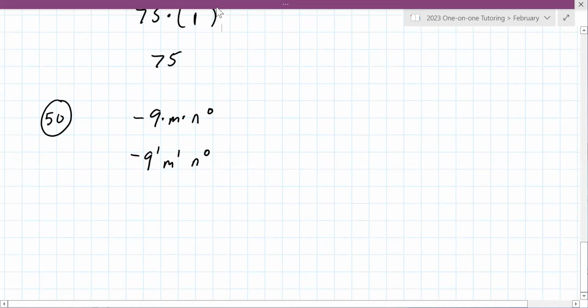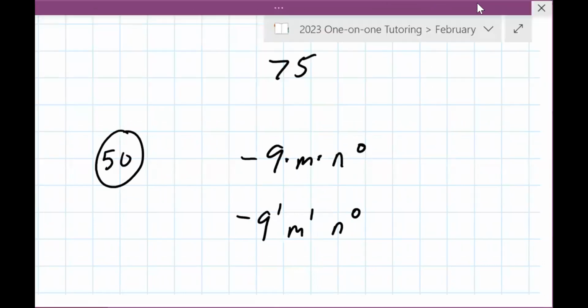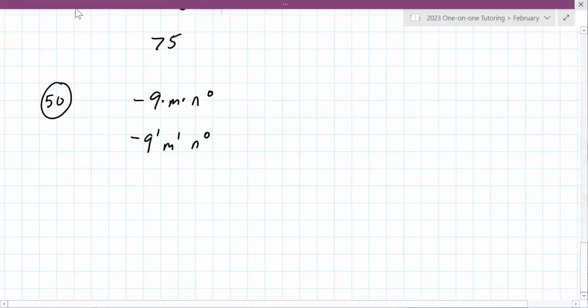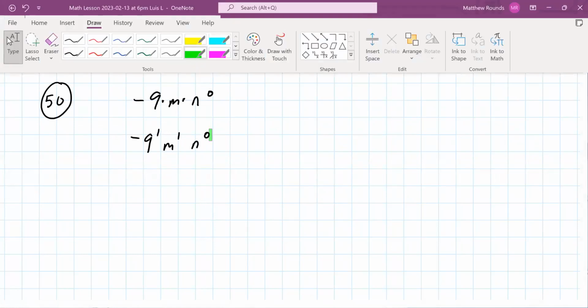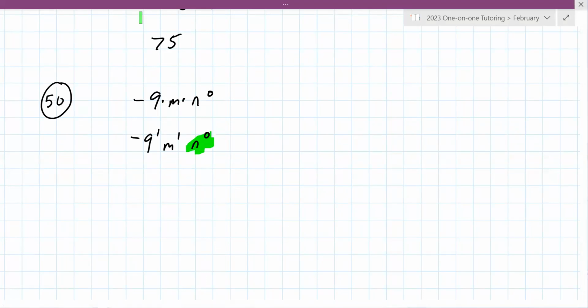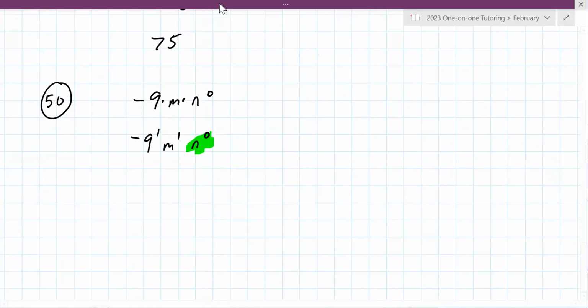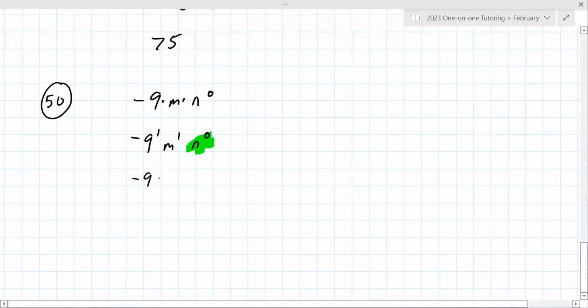It's just this that becomes 1. So it's minus 9 times m times 1. Anything times 1 is itself. So it just becomes the original thing, minus 9m.